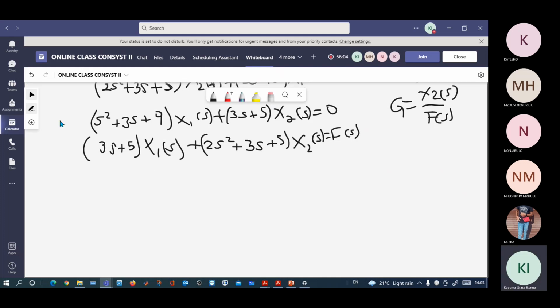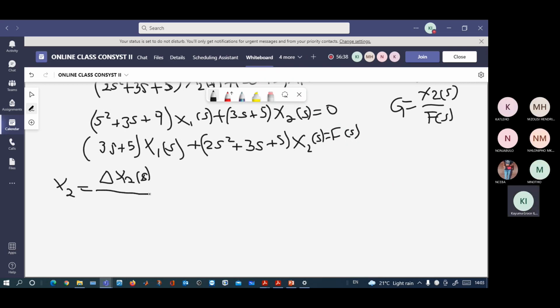So we know that x2 will be equal to delta x2 of s over delta.